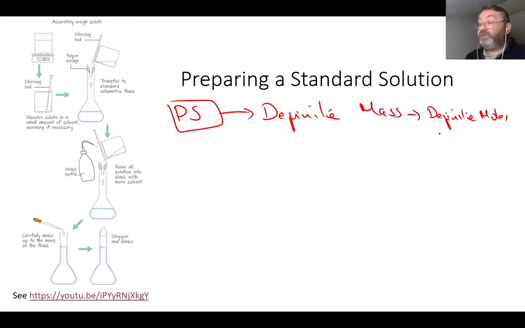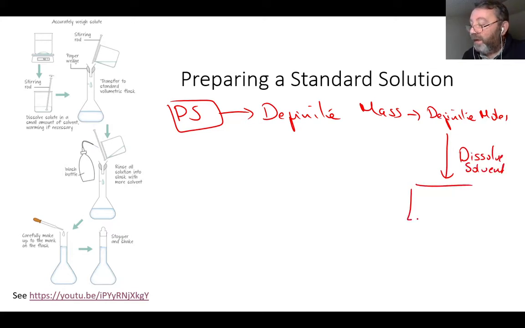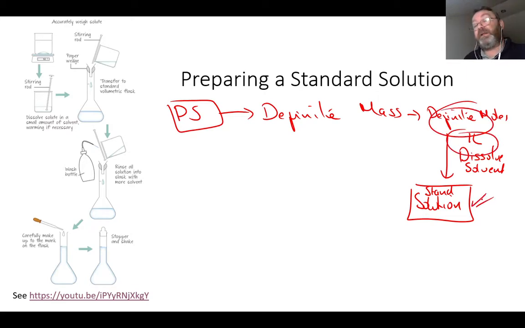Now, what do we do with those? We dissolve them in water, or whatever solvent we're going to use, and that will give us our solution. If we make it up to 1 litre, then it will be a standard solution, because we'll actually know what it is in moles per litre. It'll be that number of moles in 1 litre of water, which will give me the concentration.